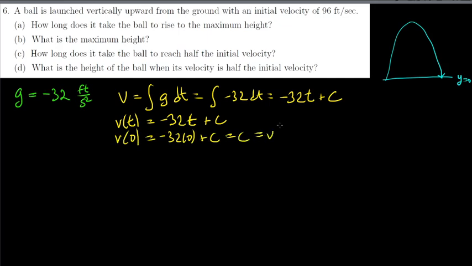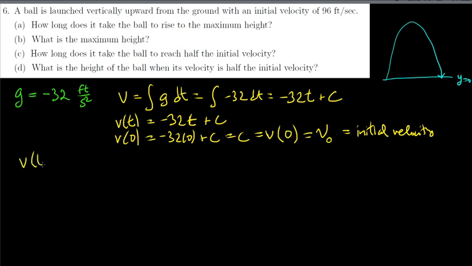In other words, c is just the velocity at time t equals 0, and rather than write v of 0, we typically write v subscript 0 to represent the initial velocity.